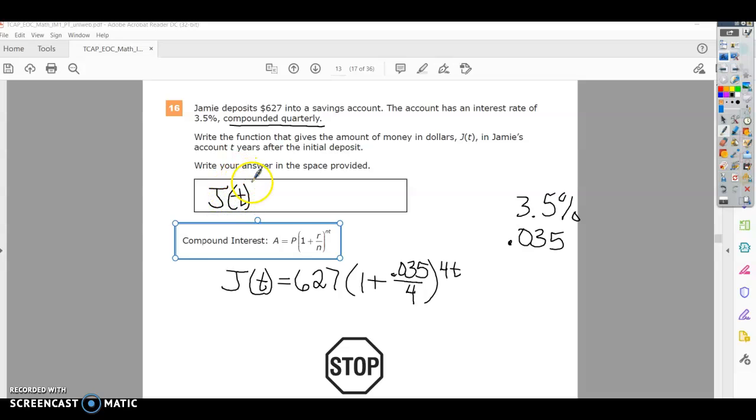So J of t equals $627 times 1 plus 0.035 divided by 4, raised to the 4t power. So that is the answer for number 16.